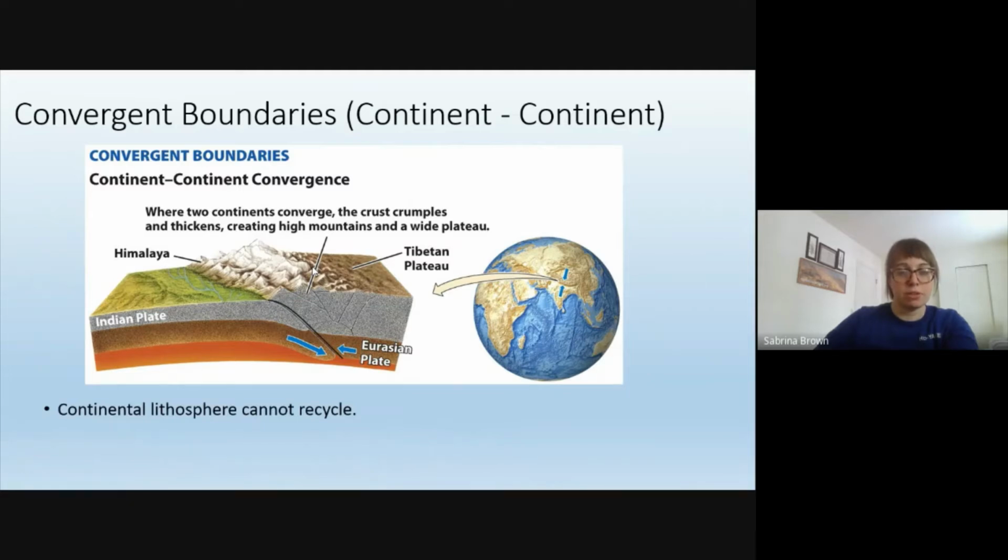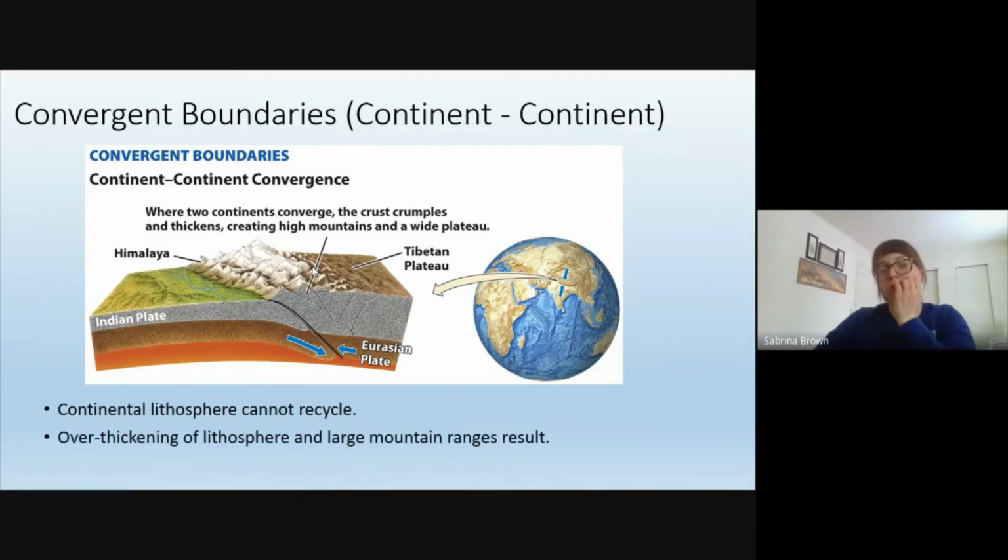So continental lithosphere cannot be recycled down into the mantle. And so instead we get over-thickening of the lithosphere and very large mountain ranges. Because we have this severe crinkling, right, wrinkling happening, we get very severe earthquakes. They also occur relatively shallowly, right, because we don't have subduction happening, but they can be intense.